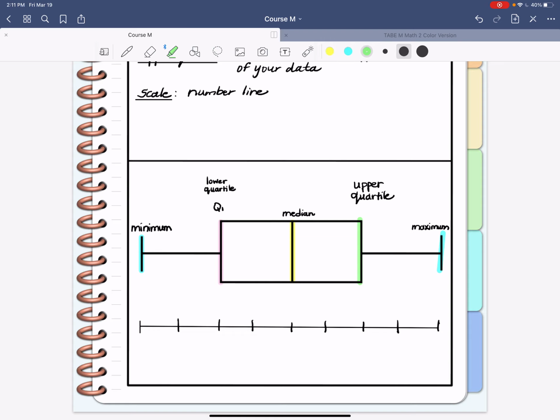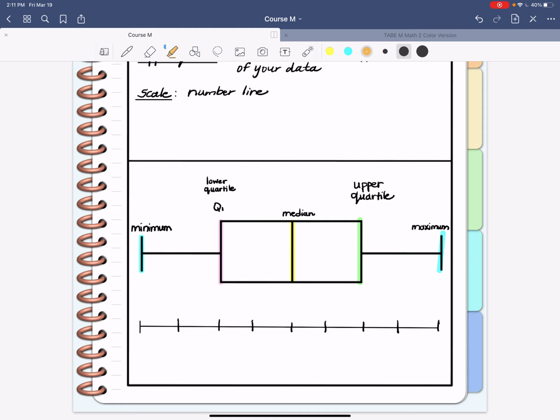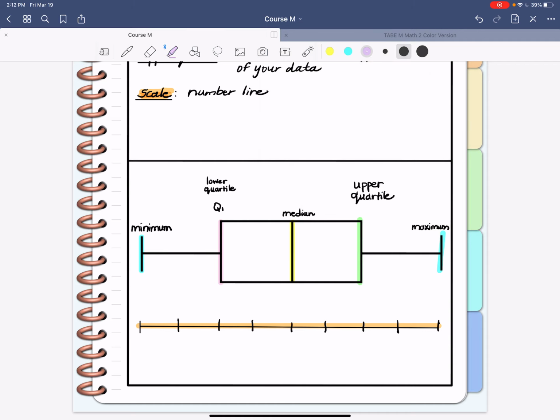And let me go ahead and color code that for you. This is just kind of the anatomy of a box plot. There's the scale. That's this one. And then the last thing I want to show you is actually this area right in here.